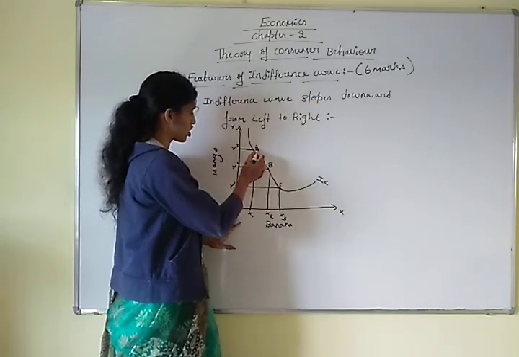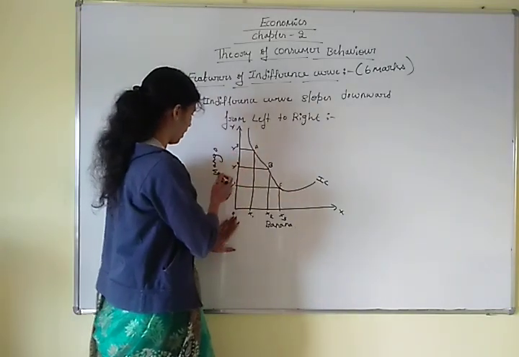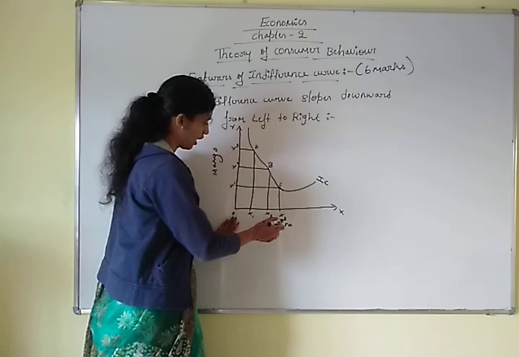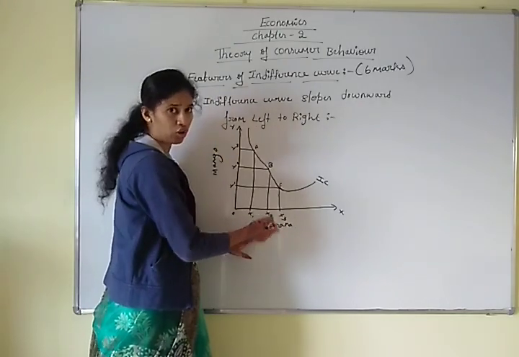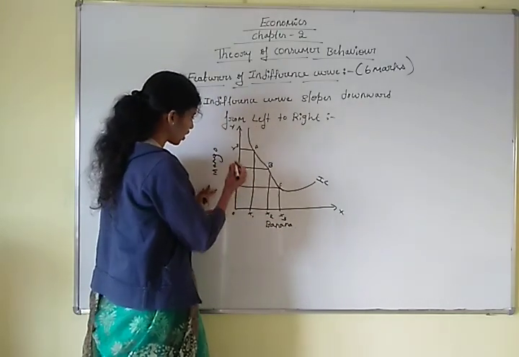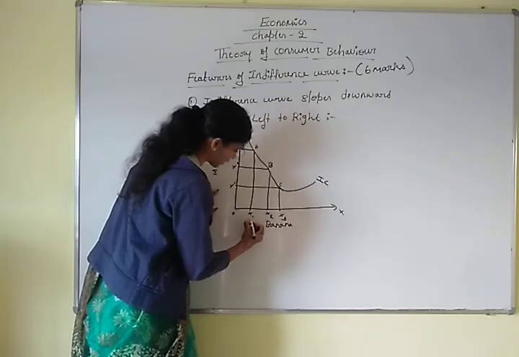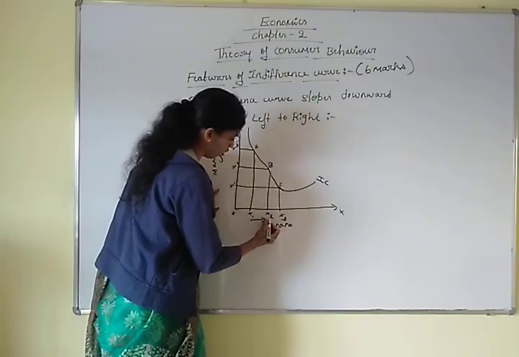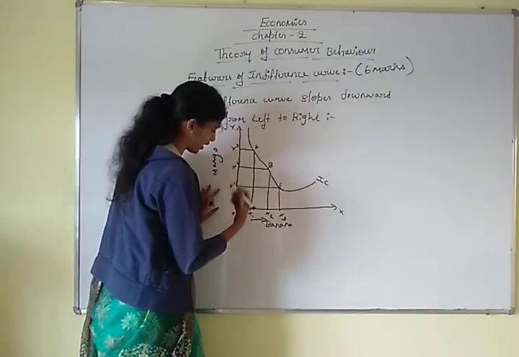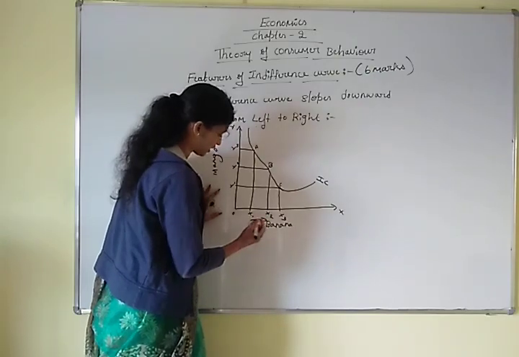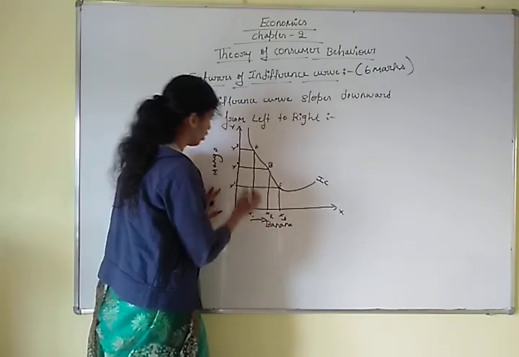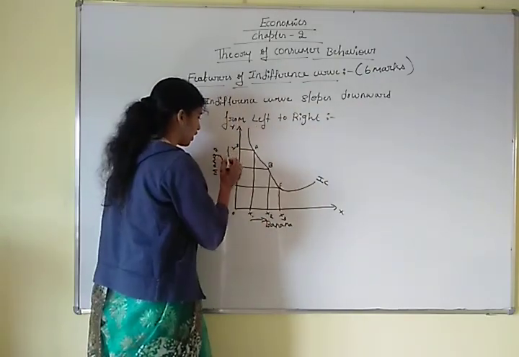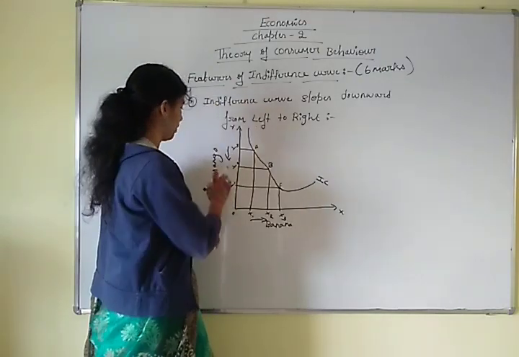In combination A, OY3 mangoes and X3 bananas. If the consumer increases banana consumption from X1 to X2, it is only possible through reduction of the consumption of mango.